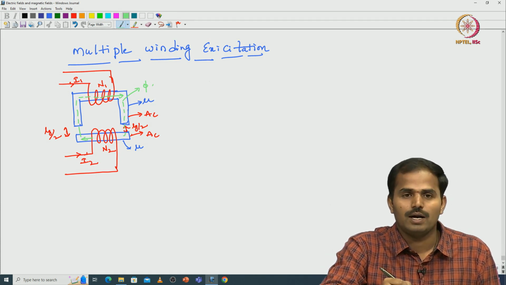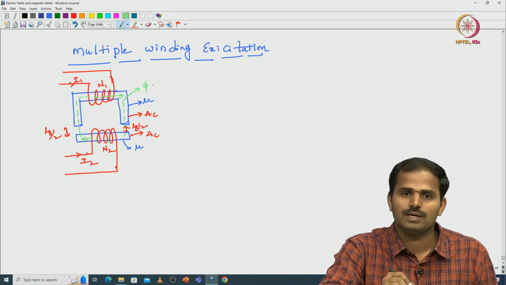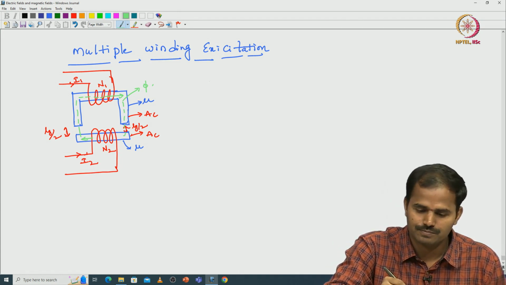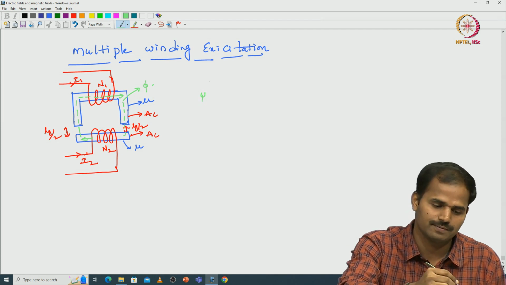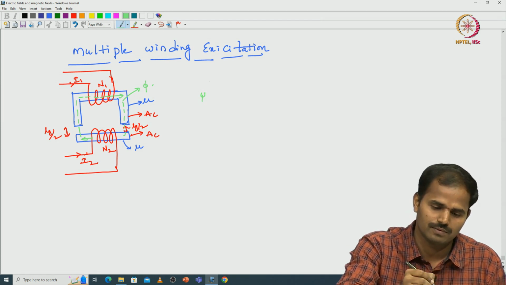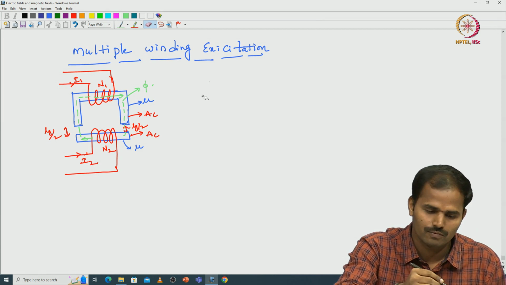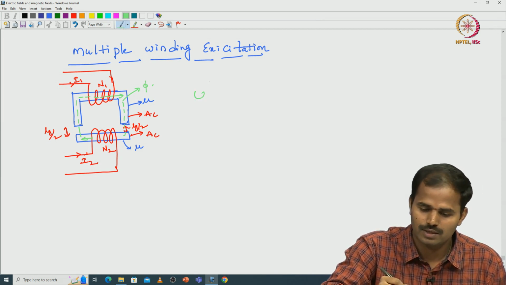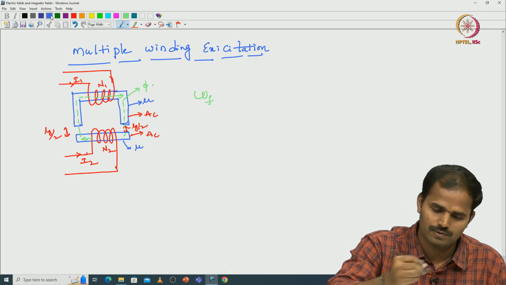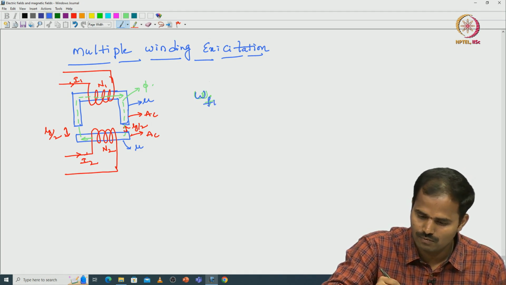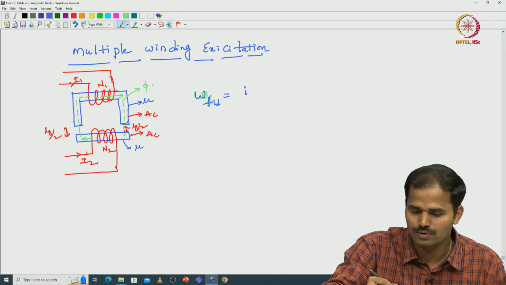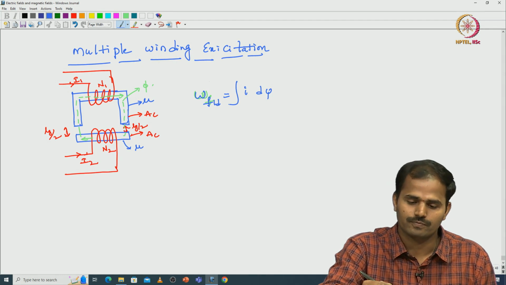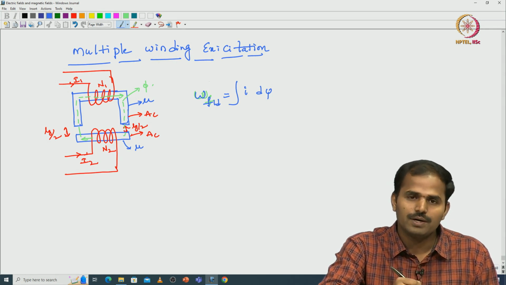The analysis and everything will be the same as the single winding excitation. First I will start with field energy. The field energy expression is the integral of I d psi, with respect to these two coils.